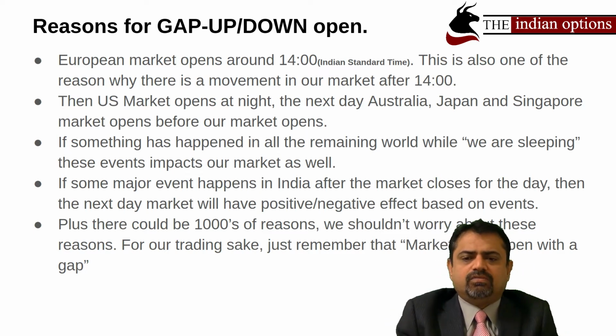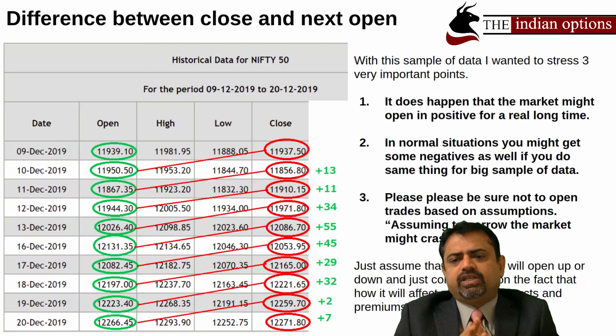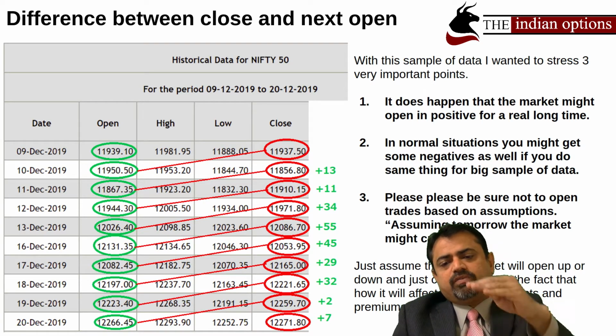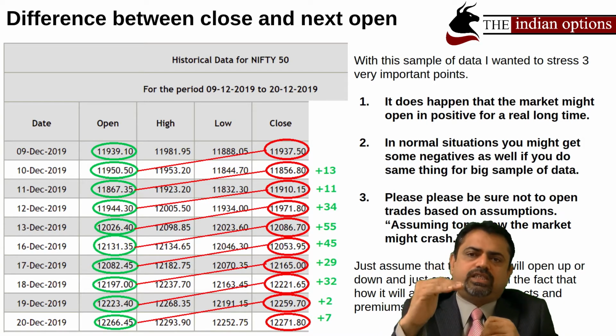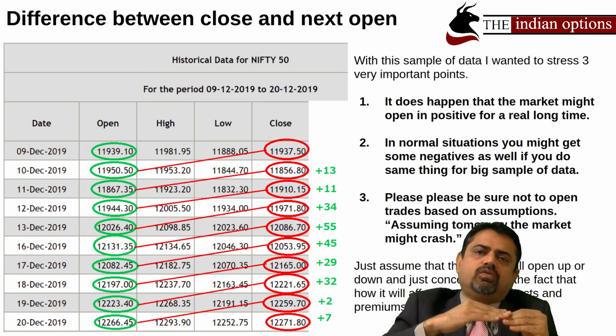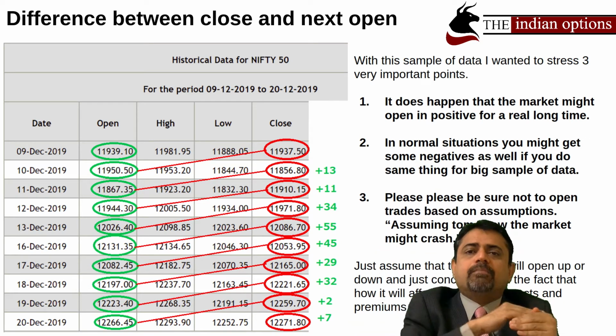Now in this slide, I have taken the example of 10 days from 9th December 2019 to 20th December 2019, and I have put up when the market opened and when the market closed. I can show you that for all these 9 to 10 days, the market always opened in positive as compared to yesterday.